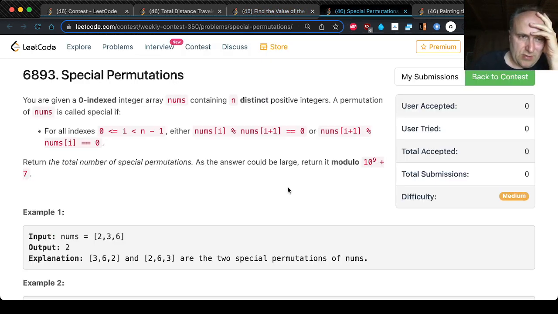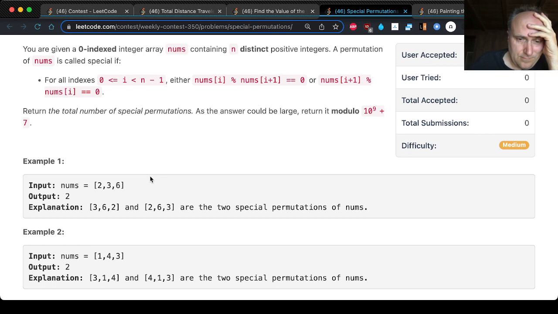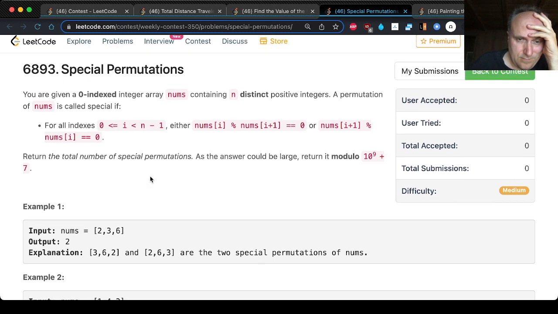Okay, special permutations. You are given a 0-indexed array, so I have 27 minutes. -1.